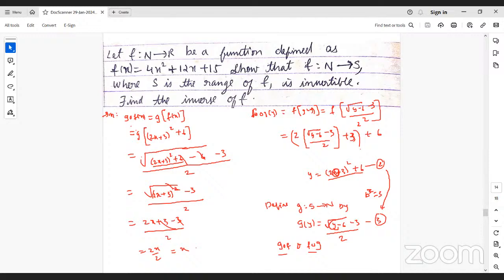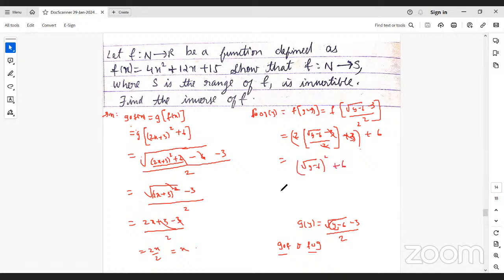On further simplifying, pay attention. 2 and 2 will cancel. Minus 3 and plus 3 will also cancel. In the bracket only the y minus 6 whole square term will remain, and plus 6 will remain. Square and square root will cancel out.